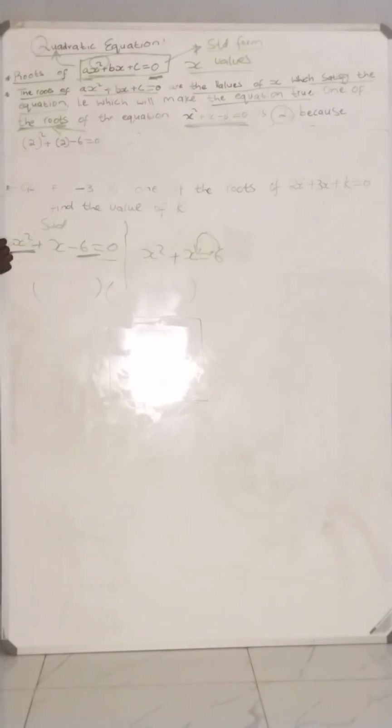The factors of the first term, you have x squared times 1, or you have x times x. And the factors of the last term, you have 1 times 6, and you have 2 times 3. So you are going to look for the factors.